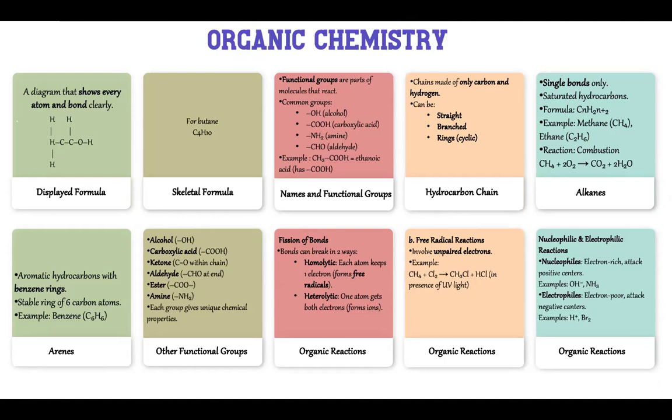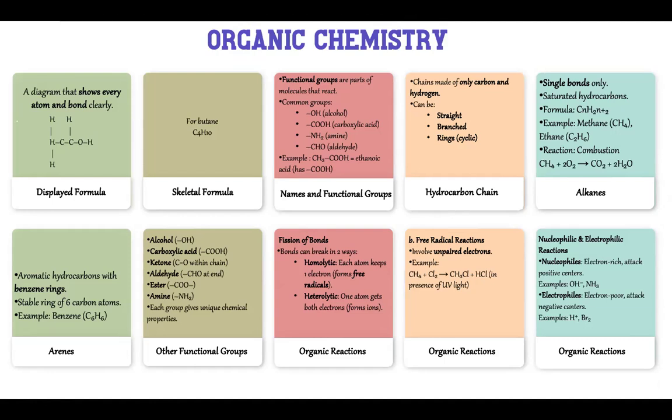And second, we have free radical reactions, which involve unpaired electrons. Example, CH4 plus Cl2 produces CH3Cl plus HCl in the presence of UV light. And thirdly, we have nucleophilic and electrophilic reactions, where nucleophiles are electron rich and attack positive centers.